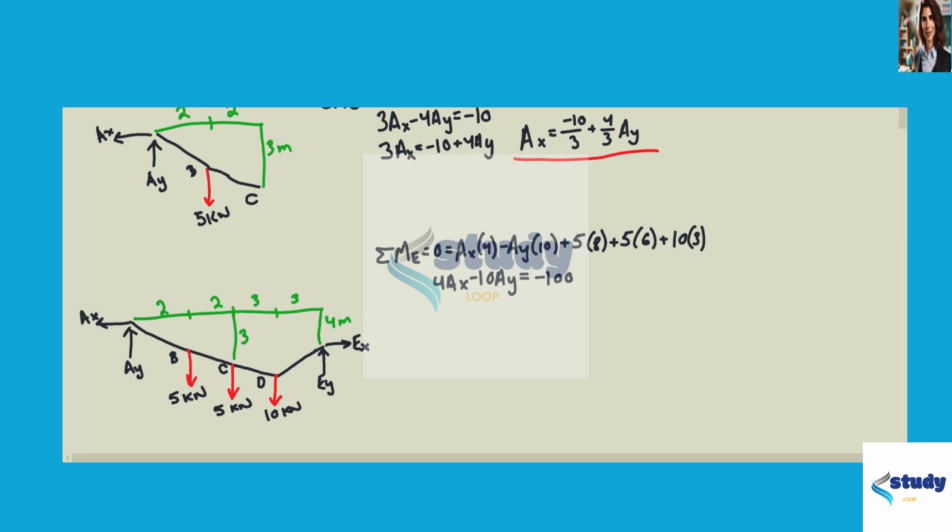So we calculated AX up here, and we're going to go ahead and plug it into this equation we just solved for. So 4 times AX, which we know from above is negative 10 over 3 plus 4 over 3 AY, minus 10 AY equals negative 100.